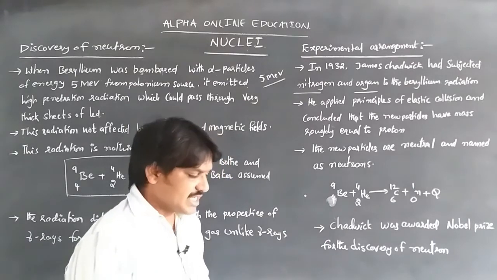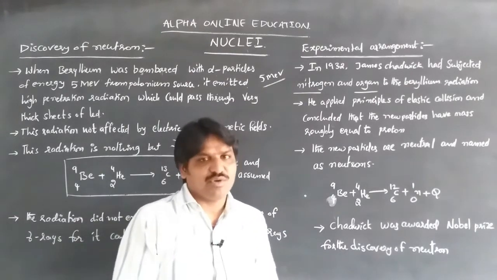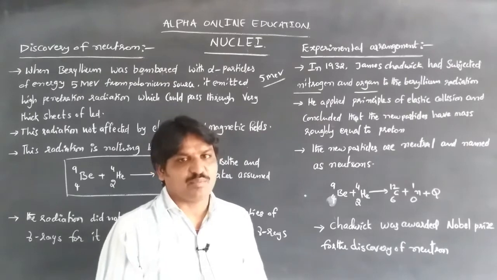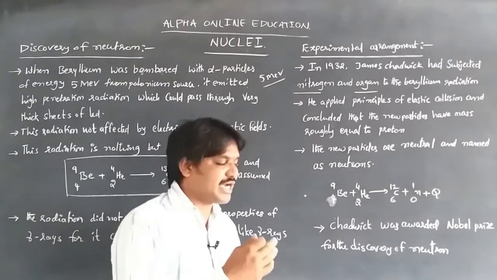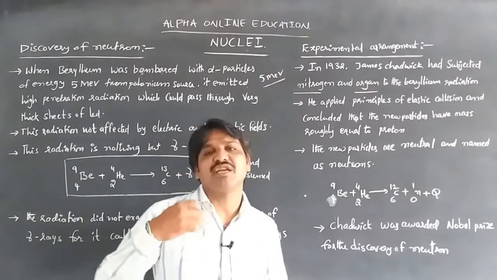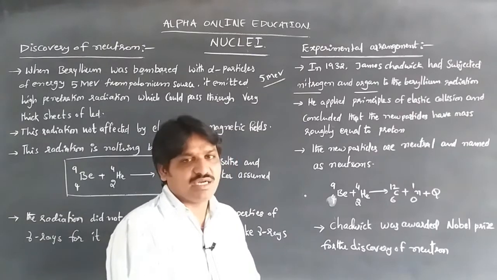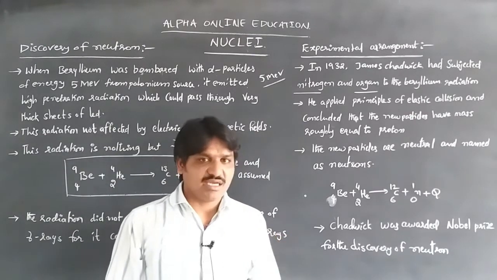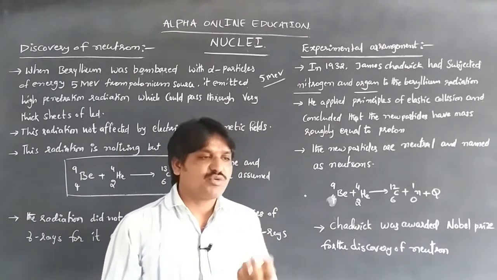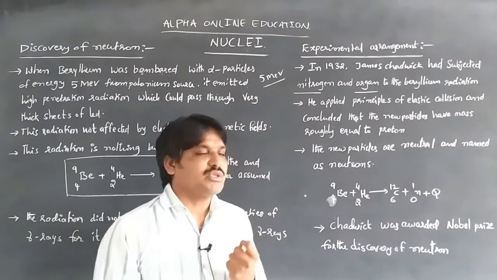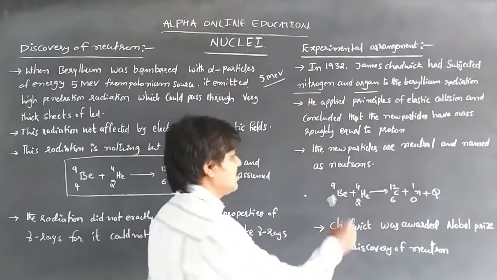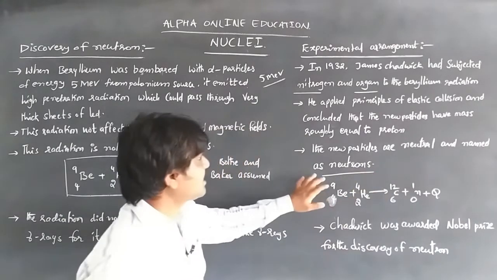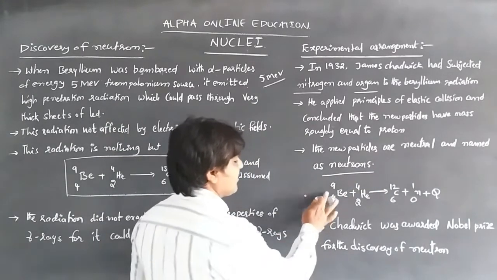Alpha particles are emitted from the polonium source and bombarded on the beryllium, and the beryllium radiation is emitted. That radiation consists of new particles which are neutral, so they are named neutrons. Here James Chadwick gave the idea by an equation.